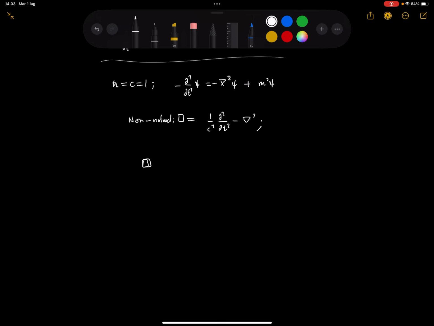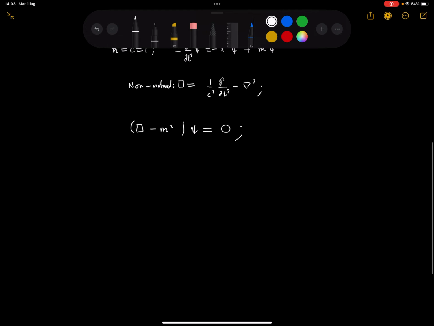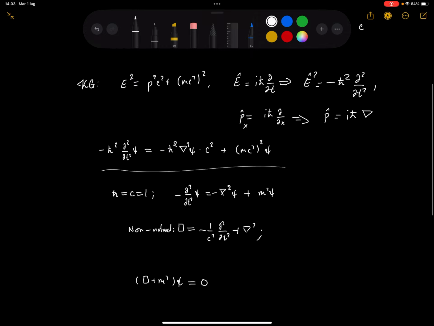We get the D'Alembertian, which is often called the box operator. Box operator minus m squared psi is equal to 0. I might have mistaken a sign, it might be like this, but it doesn't matter, right? So the general form, I think, is this for natural units, where psi is the wave function.